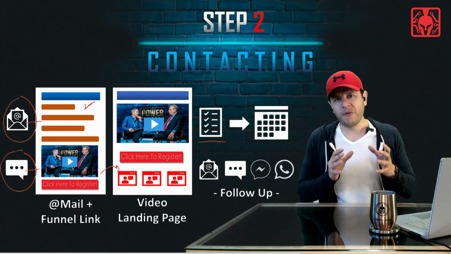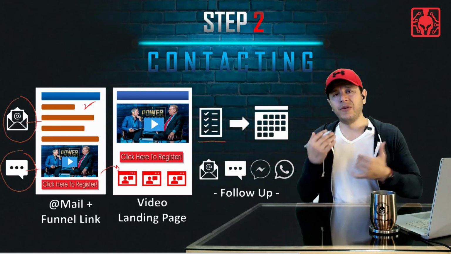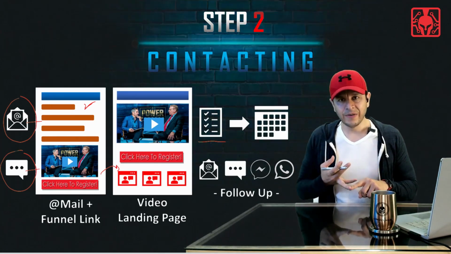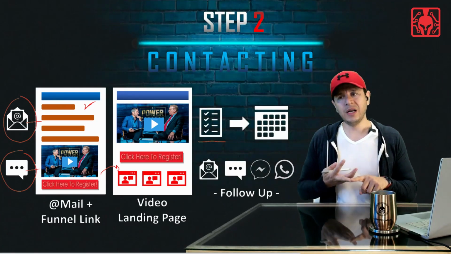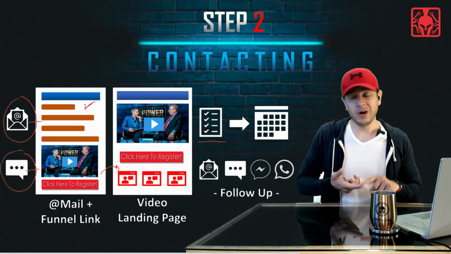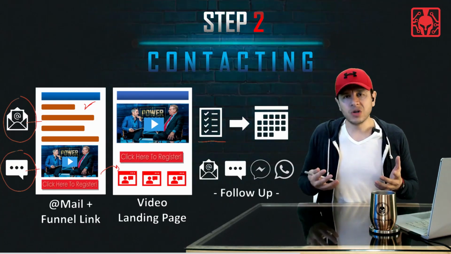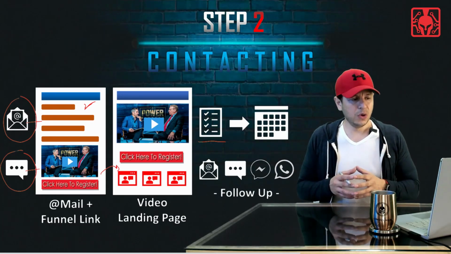This is a way to filter people so that when you get on the phone, you basically know what their interest is, where they live, how much time they have to dedicate if they want to join the opportunity. Are they already an entrepreneur? Are they already in sales? Are they an employee? Any information you would want to gather from them prior to meeting with them, you have already.